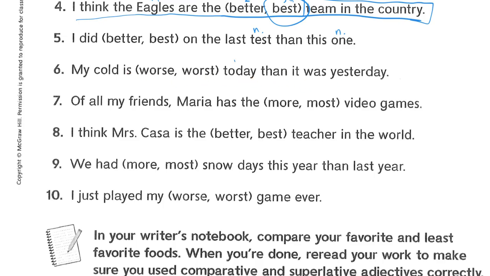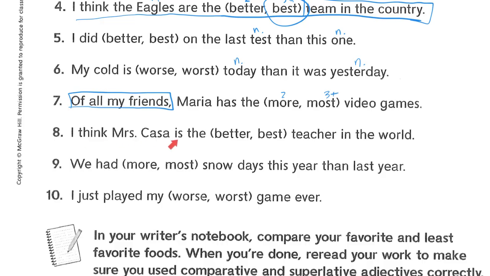So I'm comparing today's cold to yesterday's cold. That's two things. Of all my friends, Maria has the blank video games. That's it. And there's your key words in here. Of all my friends. Okay, so you have to decide, is that two or is that more than two?